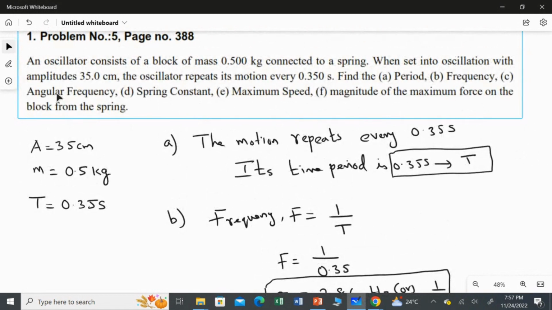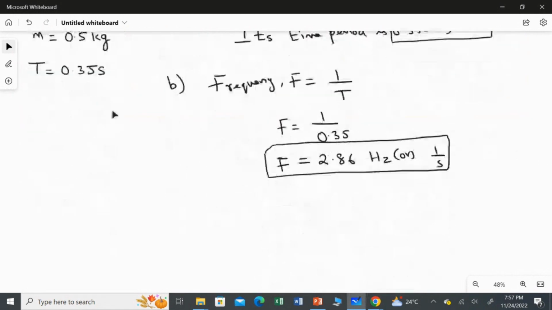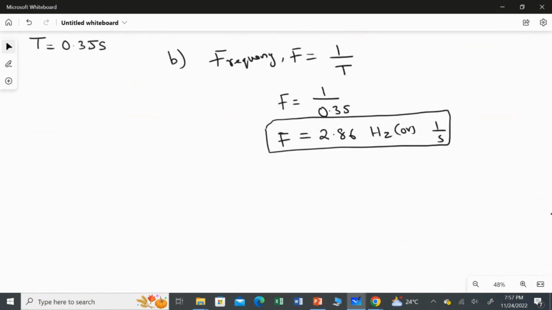We have to find its angular frequency. And we studied the relation between the linear frequency and the angular frequency in the theory. What is the rule? The angular frequency omega is equal to 2 pi f.